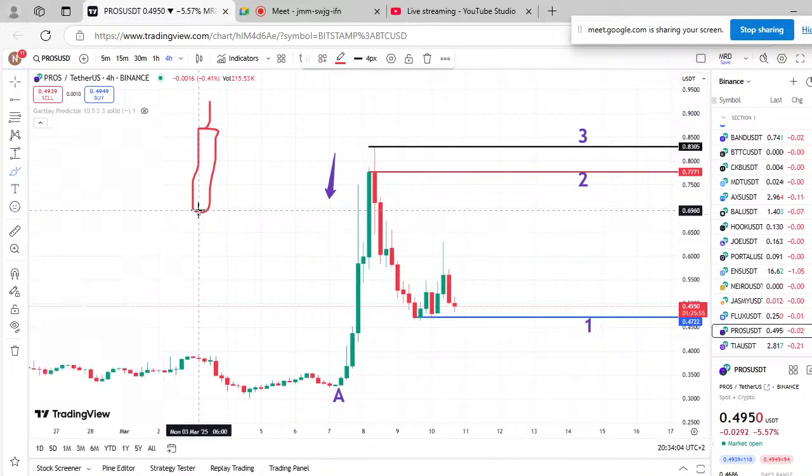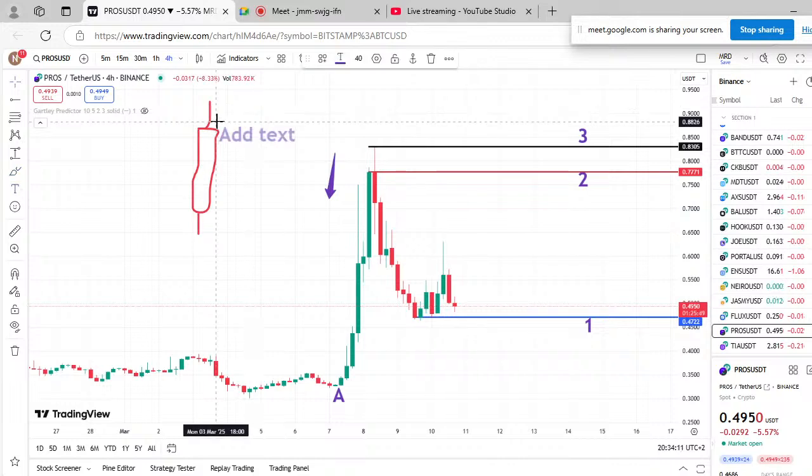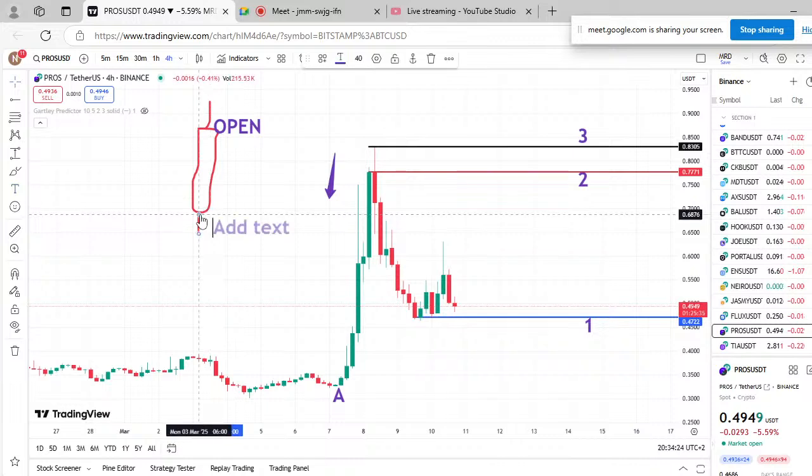I think I'm making sense. Its open is at the top here. Then its close is at the bottom. This is its close.